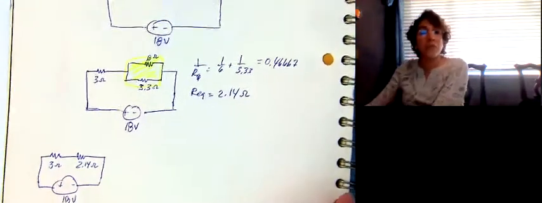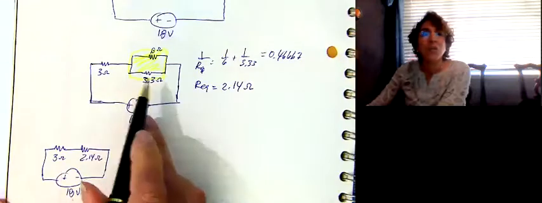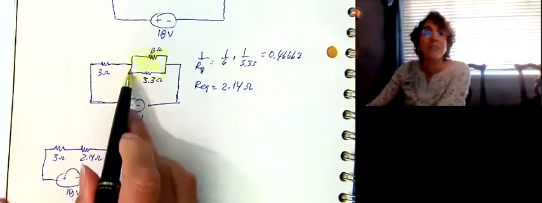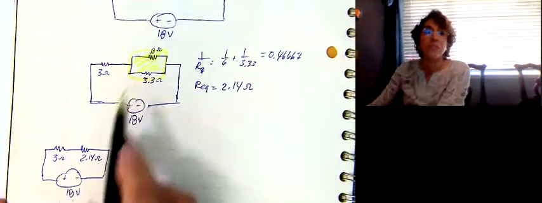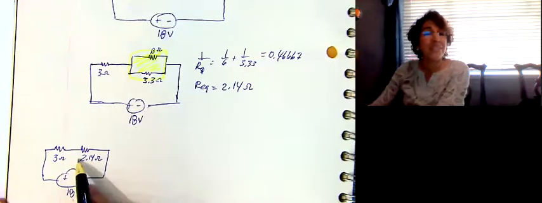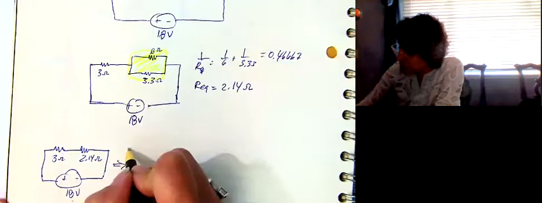So I just add them up: 3 plus 2.14 is 5.14 ohms. So I have this simple 5.14 ohm resistor connected to the battery, 18 volts.